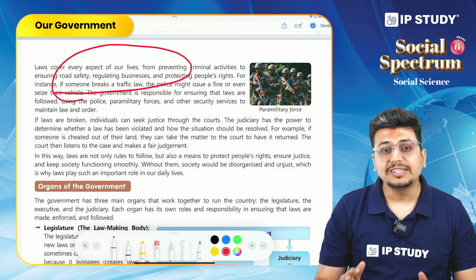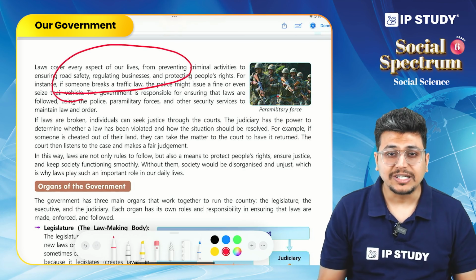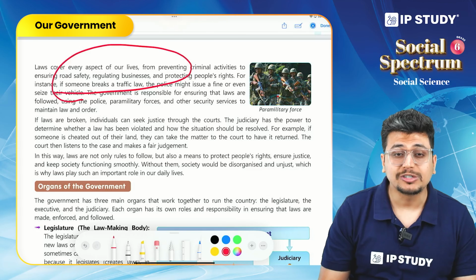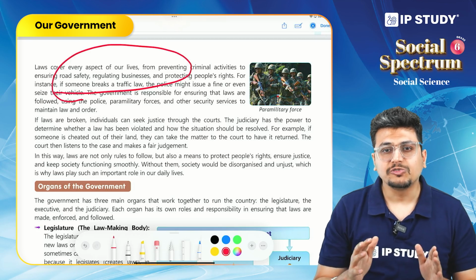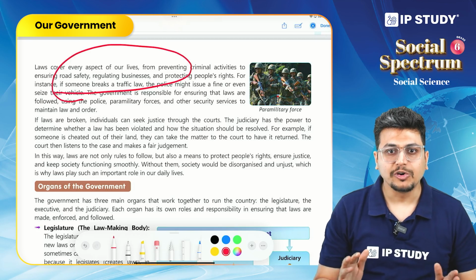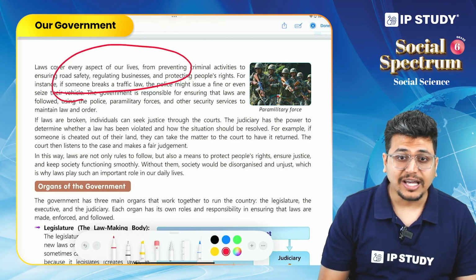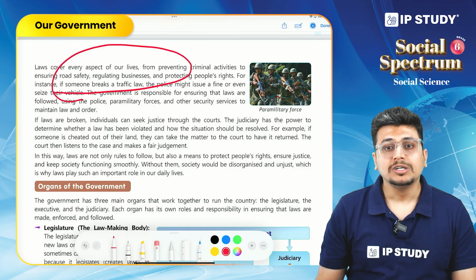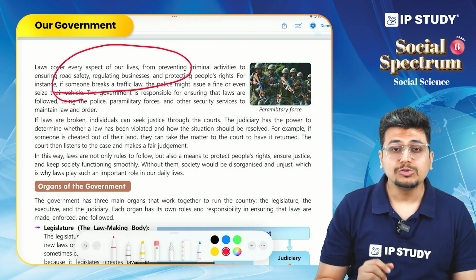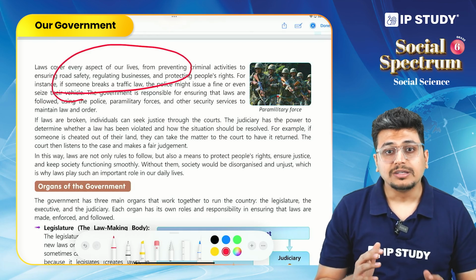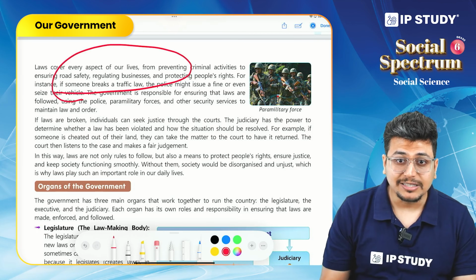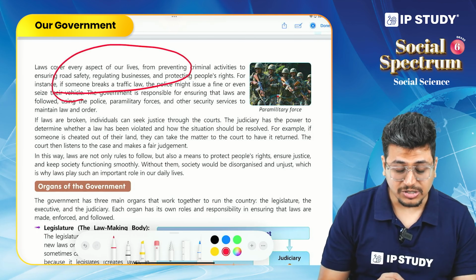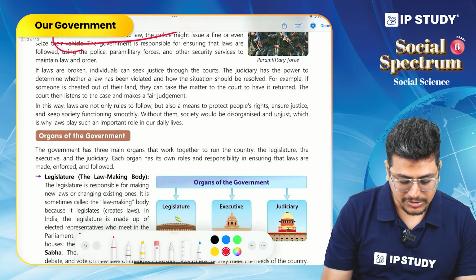So in every aspect of our life, there are laws, and these laws are there to protect your individual rights, protect you basically, and to ensure that there is justice and fairness for everyone. And that is why if somebody breaks the law, you can go to the court, you can go to the judiciary to get that fixed. Basically, they will make sure that the person who is breaking the law is actually punished, right? So this is important for us to understand.